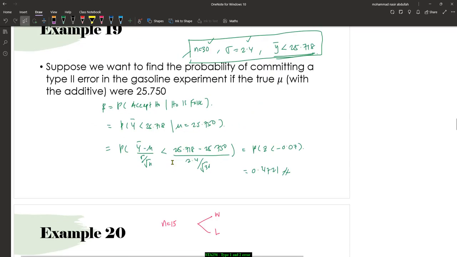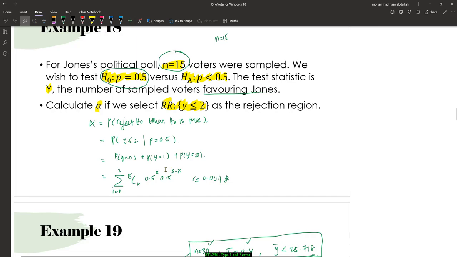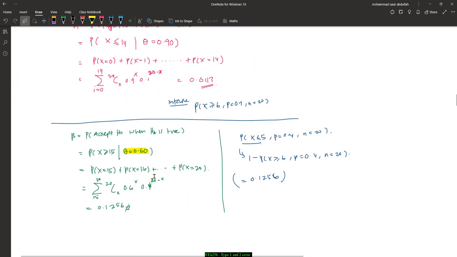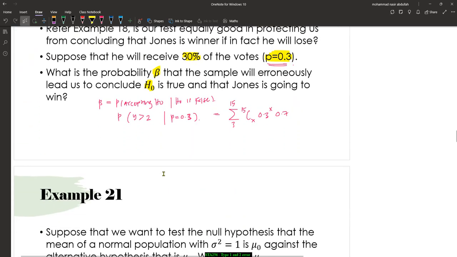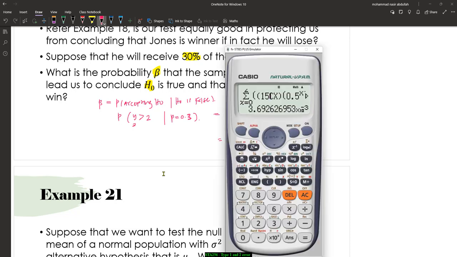So atas tadi betul ke I buat 0.5, 0.4, yeah, correct, right. 0.7 is power of 15 minus x. So you just plug in the value. This is not x, huh? Selalu menggunakan term x, but this is actually y. Power of y minus y. Right, so just tekan dengan calculator.